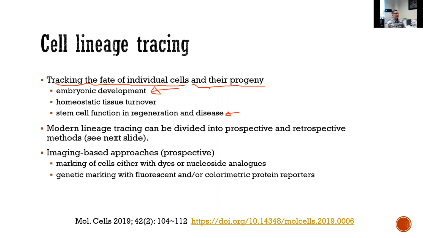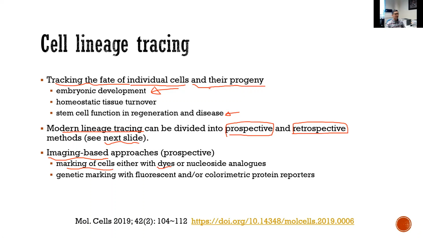So modern lineage tracing technology can be divided into prospective and retrospective, two large groups, and we will see in the next slide about this separation of the methodologies. For example, if you use image-based, you make a cell visible by introducing markers or dyes, so you can follow the further development of the cells.